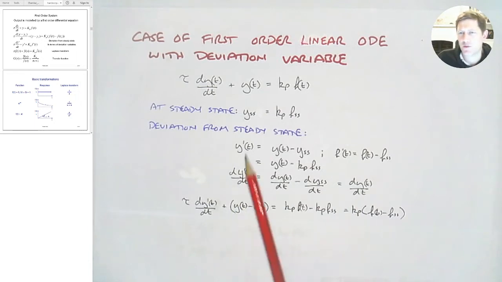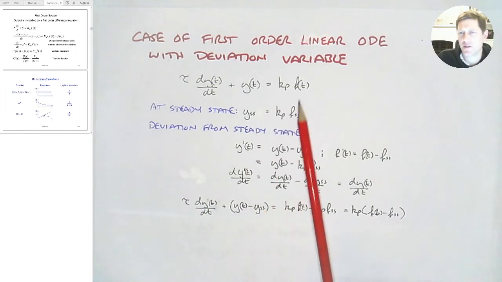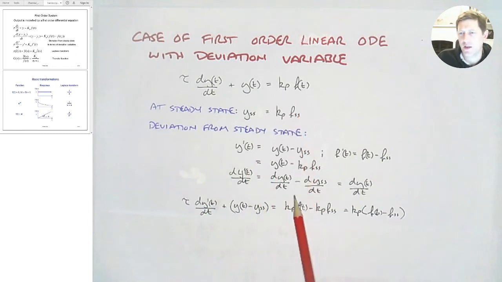And we've got y(t) here, Kp f(t) there, and so from both sides of the equation we're going to subtract the steady state value of y, and then on this side we subtract the equivalent value Kp fss, and so then we can take the Kp factor out.